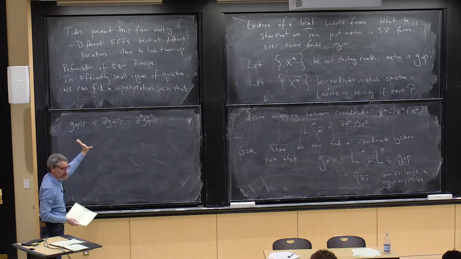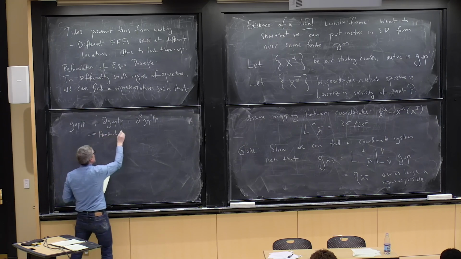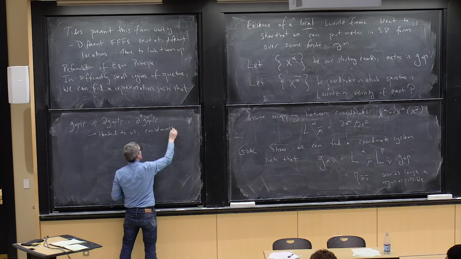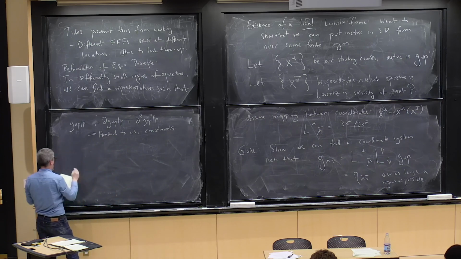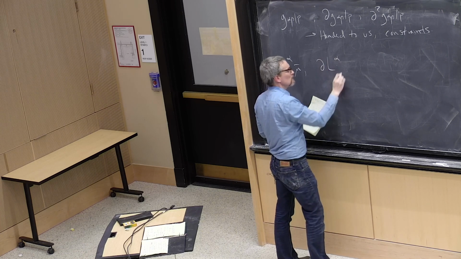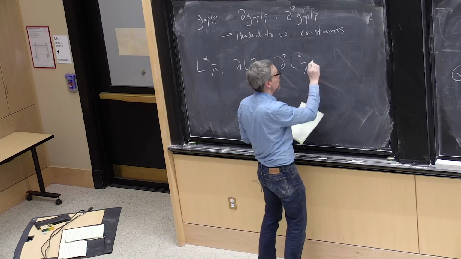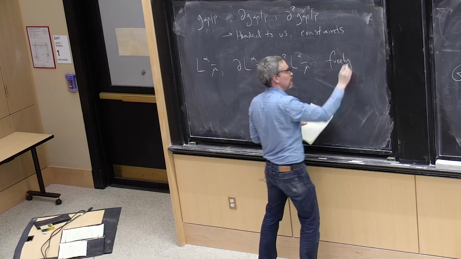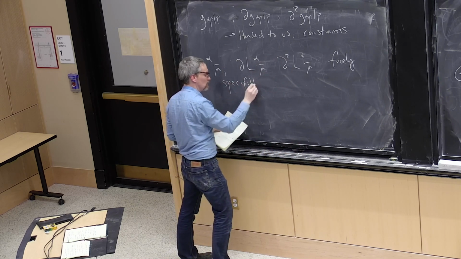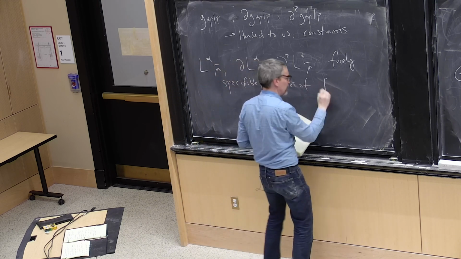These are going to give us constraints that we need to satisfy. The coordinate transformation and its various derivatives we are free to specify. These are our degrees of freedom.